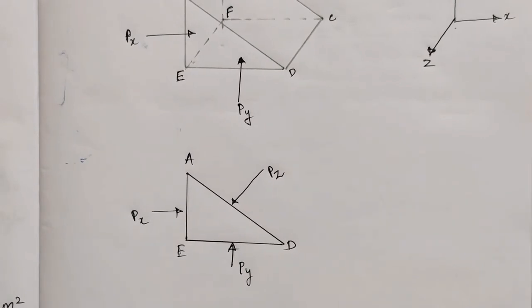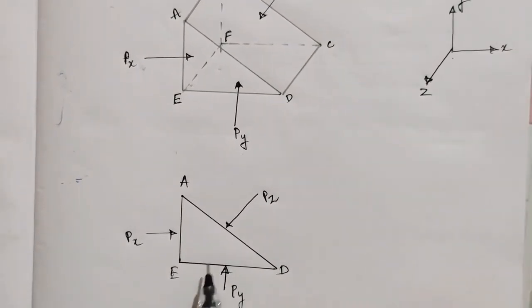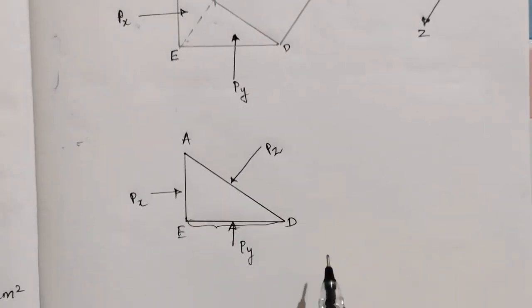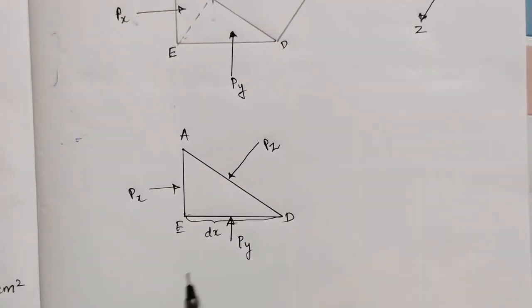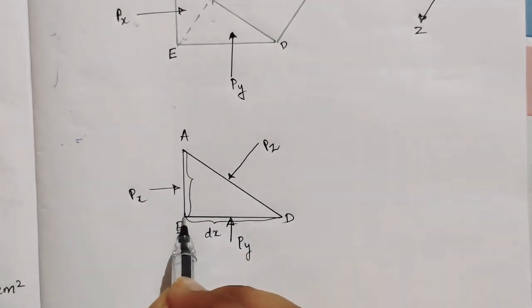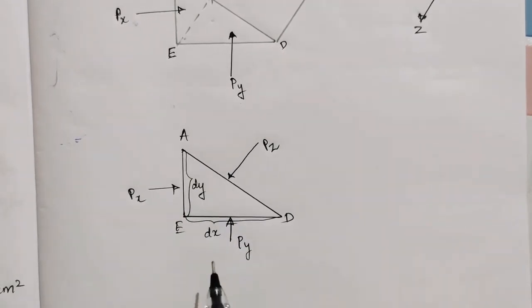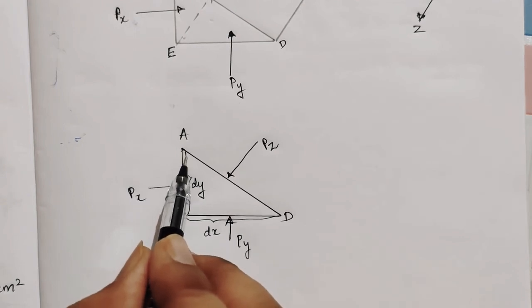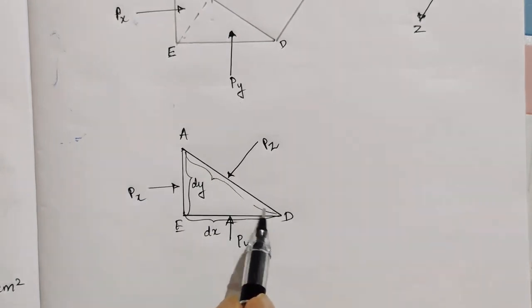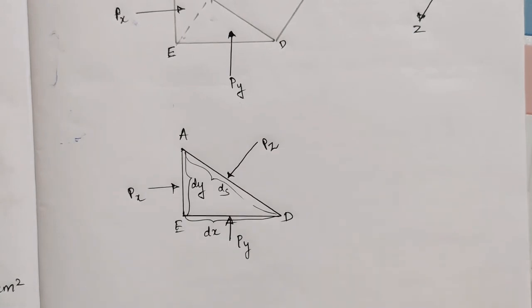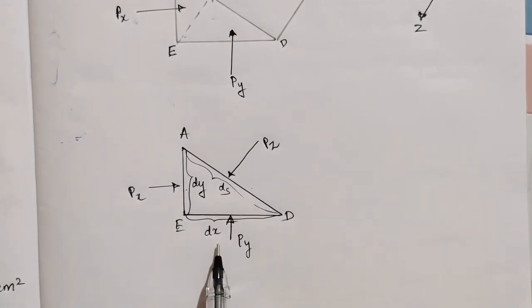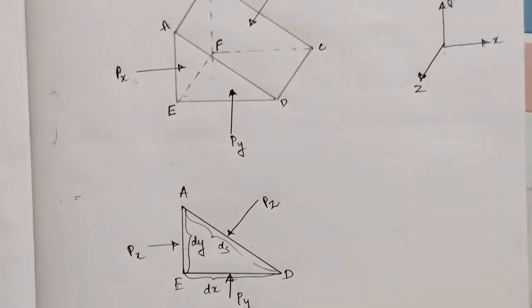See here what I do. X direction is in this way, so this direction I'll take dx, this direction dy, and I'll take this direction as ds. This is dy, this is ds and this is dx.